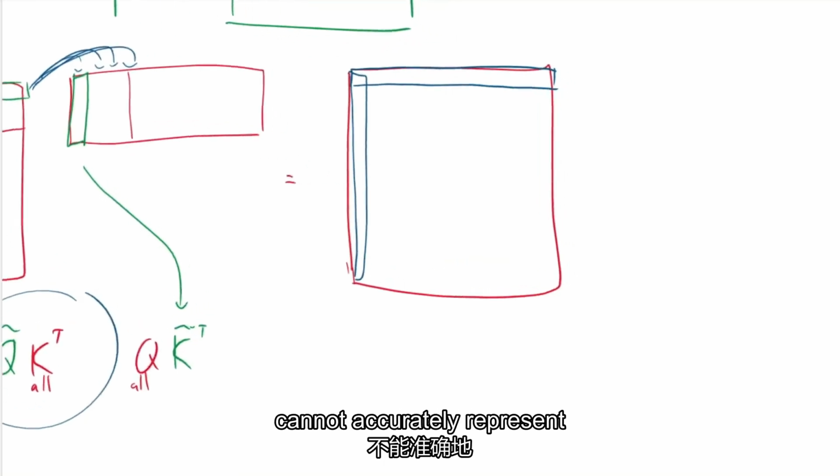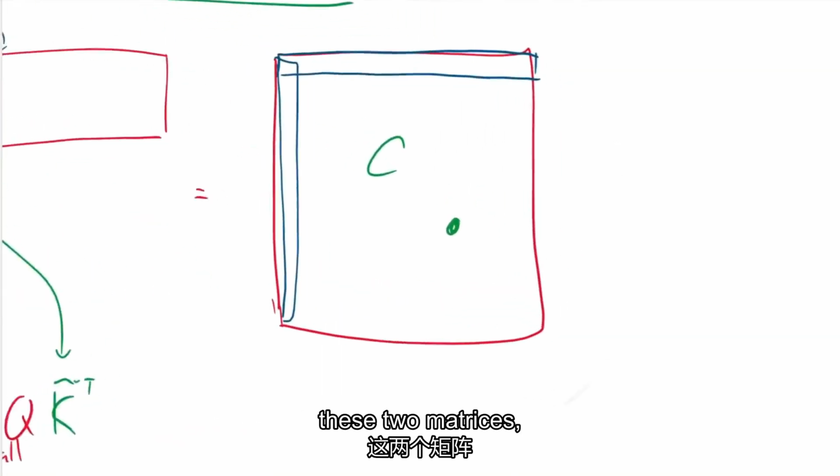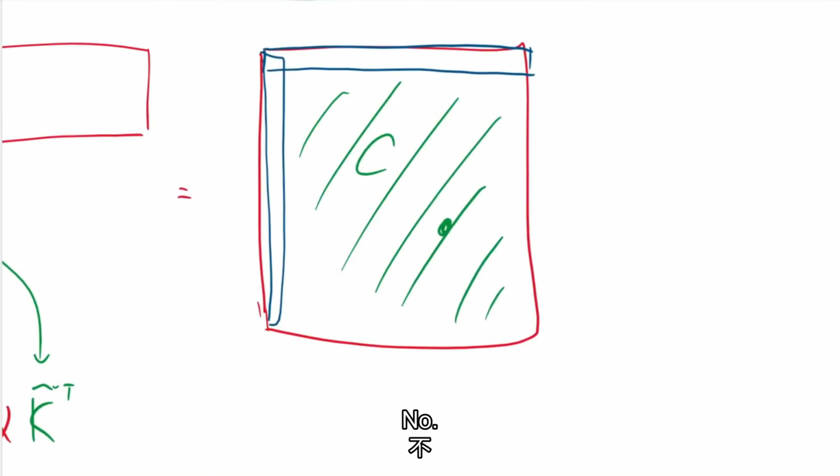What we cannot accurately represent is any entry down here in this big C matrix that we chose to leave away. If we only calculate these 2 matrices, we don't have any entries here. Nada. So what do we do if we actually want to know what an entry here is?